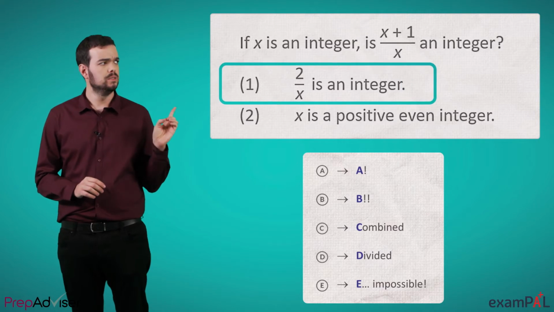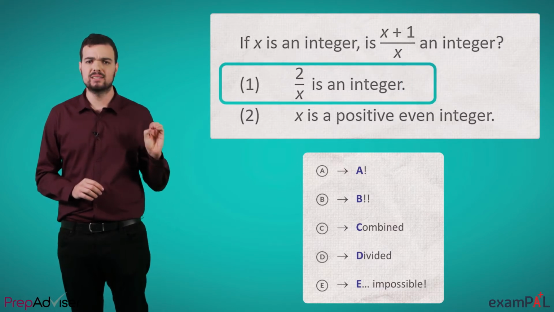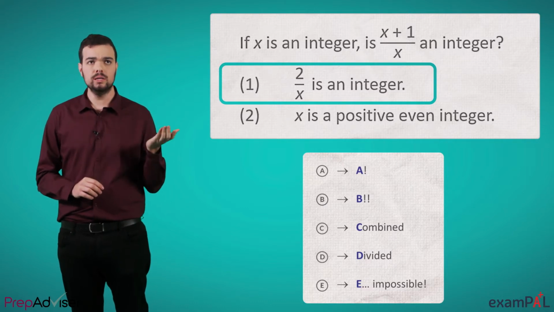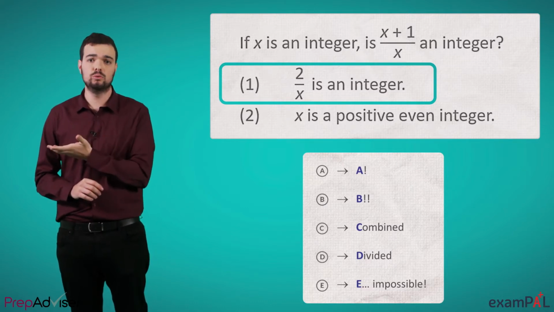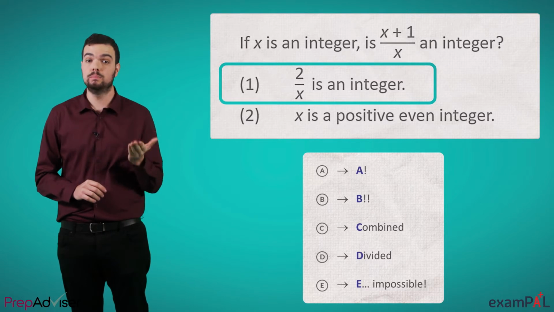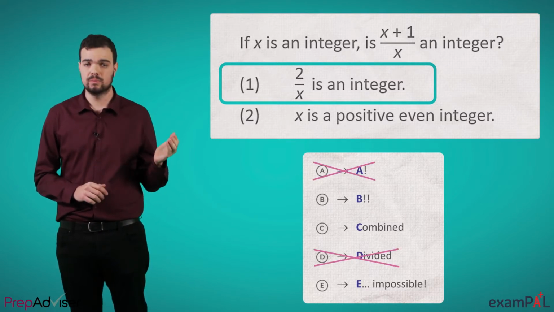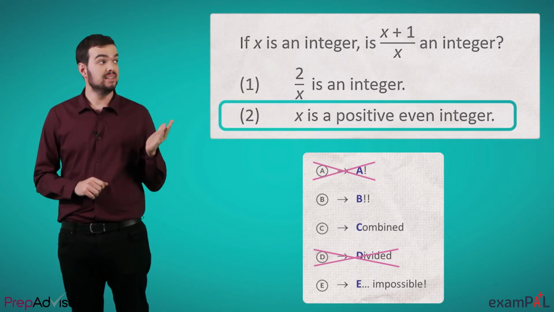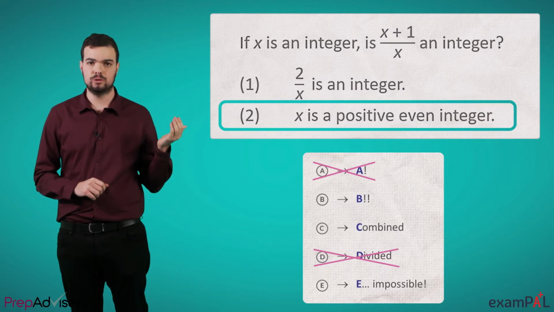Let's look at 1. 2 divided by x is an integer. Well, this means x could be 1, 2, or -2. Not enough information to pick between them. Let's cross out A and D. Now let's look at 2 on its own. X is a positive even integer.